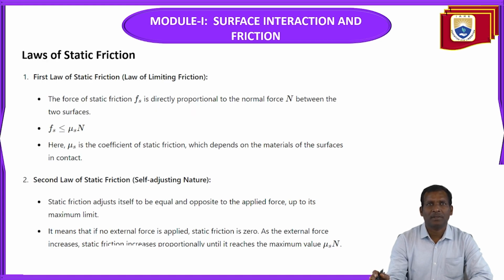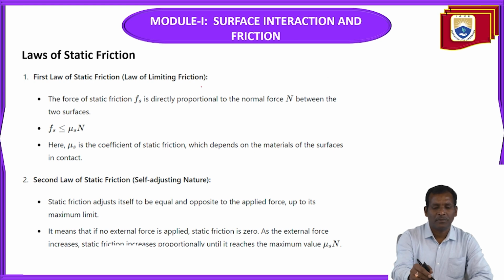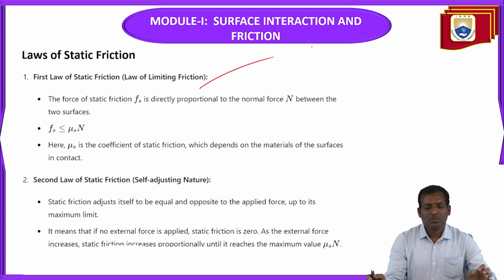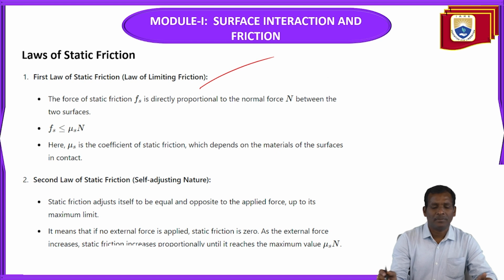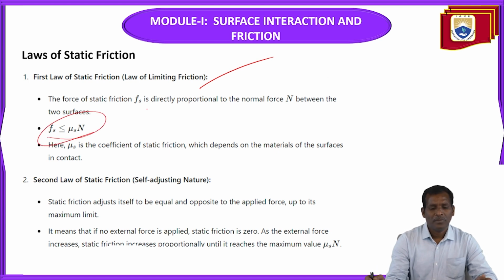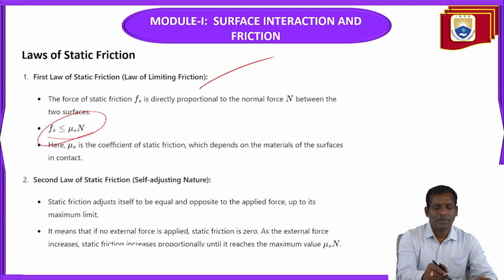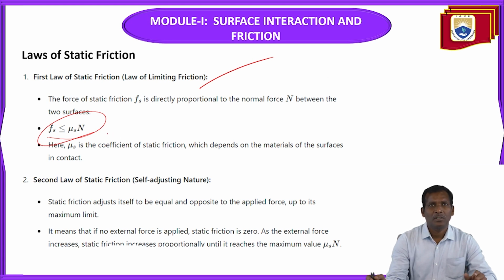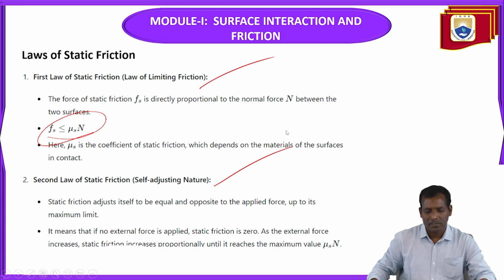Laws of static friction. First law, of static friction, law of limiting friction. Here the force of static friction is directly proportional to the normal force. We can write this equation: static friction F_s ≤ μ_s N, where μ_s is the coefficient of static friction. Similarly, the second law of static friction, its self-adjusting nature.